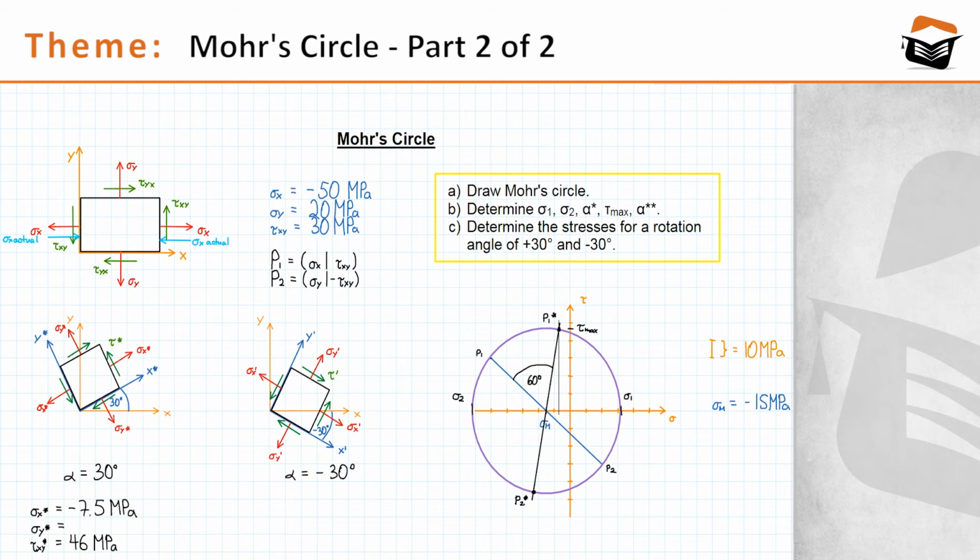And if we draw a thin vertical line again from the sigma axis to the point, then we see that sigma y star is roughly equal to, let's say, minus 22 megapascal.